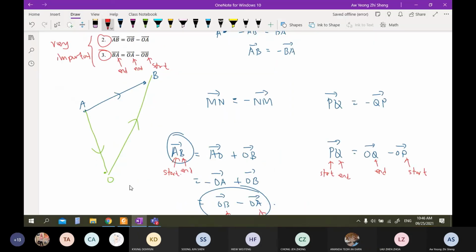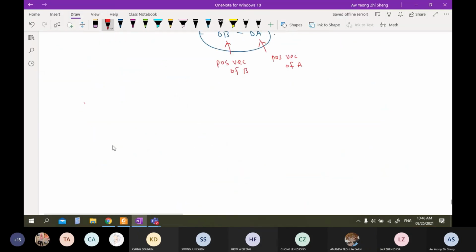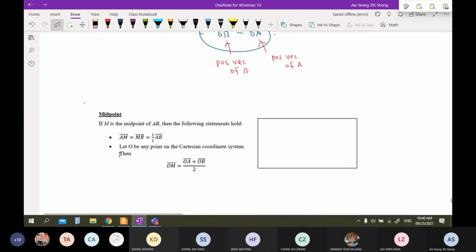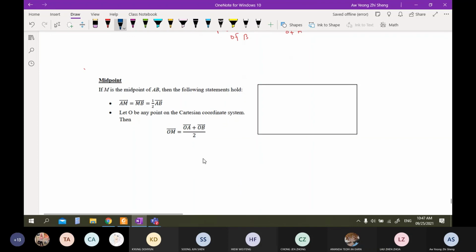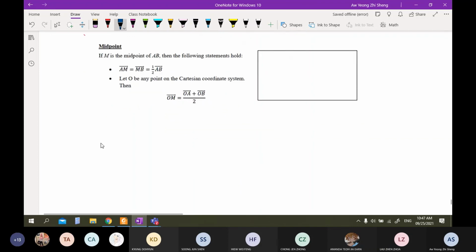In coordinate geometry, we have learned about midpoint before. When it comes to vectors, there is also a formula that looks very similar. The only difference is that now, instead of using coordinates in our computation, we'll use position vectors instead.